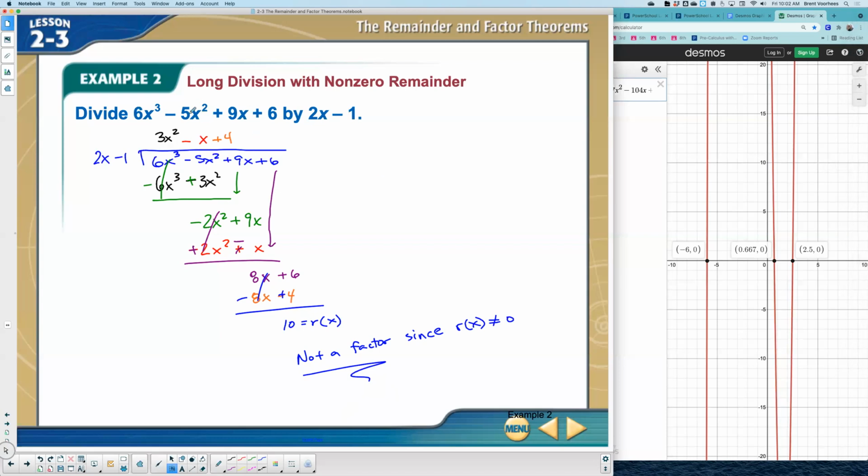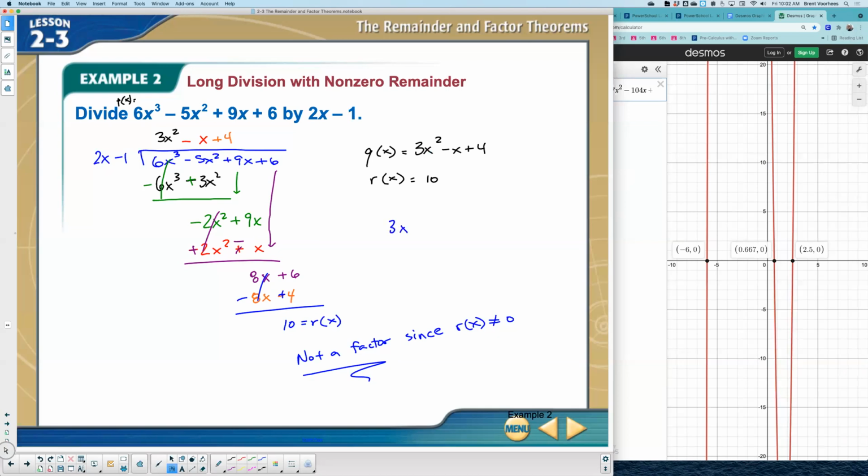You could say the original, if we called that f of x, you could just say your quotient, it's 3x squared minus x plus 4. The remainder is 10. The way I typically would write the answer, though, you could write it, I think on Alex, your homework, they separate it, and you would write your answer like that.